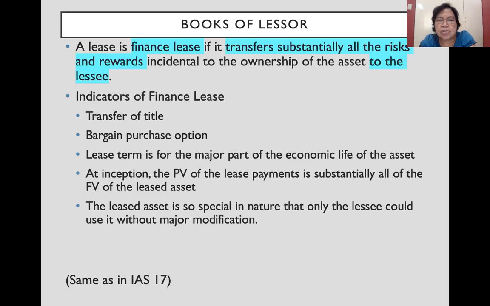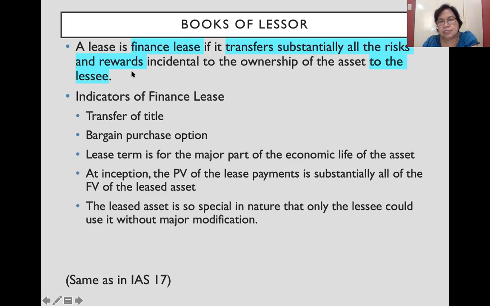The risks here relate to the risk that the asset may be impaired while being used by the lessee. Risk also includes the cost of ownership that may be shifted to the lessee, which may include costs for repairs and maintenance, taxes, and insurance.